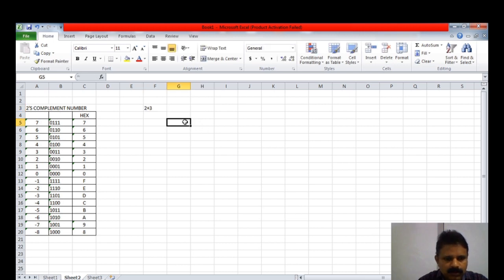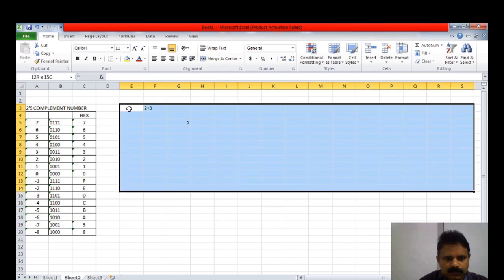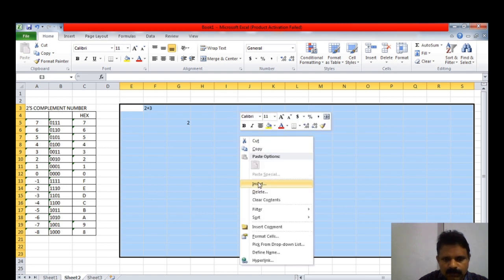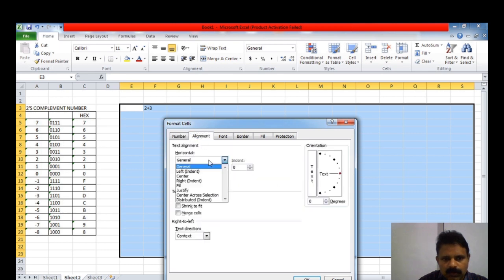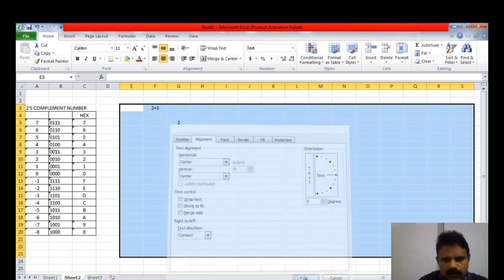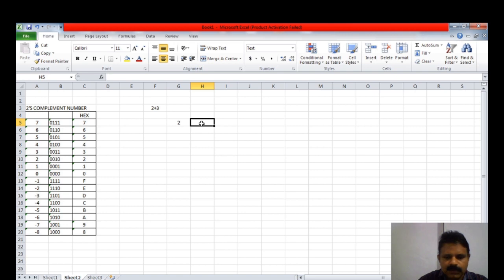We are performing 2 plus 3. We know the pattern for 2: it is positive 2, so it is 0 0 1 0, and 3 is 0 0 1 1.